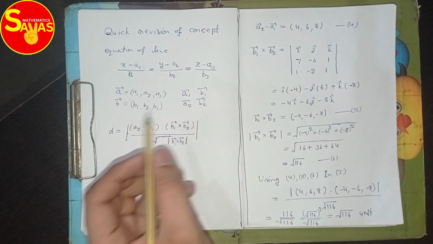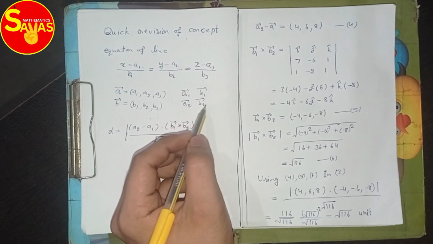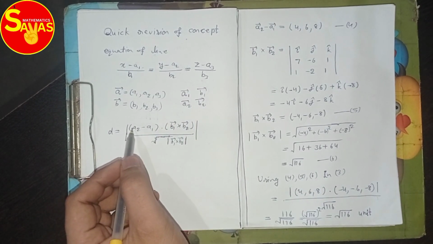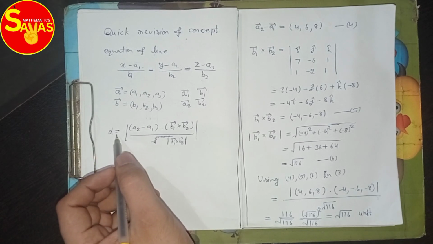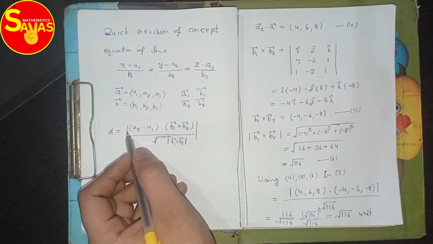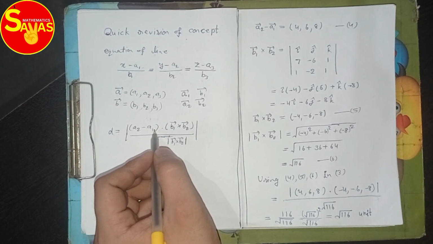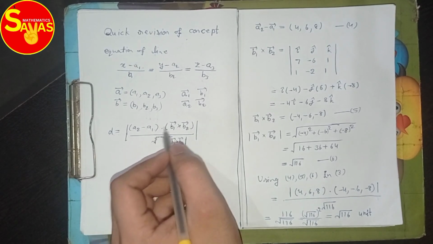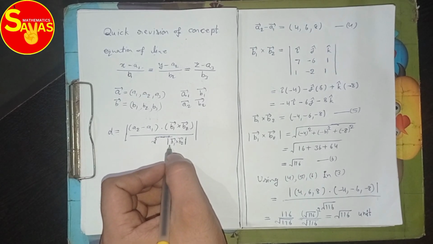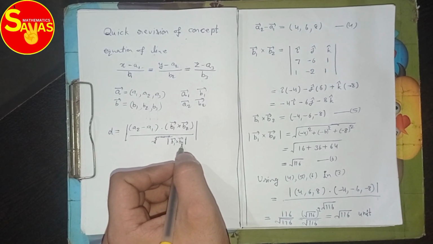Now, if we find these, then we need to put them in this formula. The formula for the shortest distance between two lines is this: D is equal to the modulus value of (A2 minus A1) dot product (B1 cross B2) over modulus of B1 cross B2.